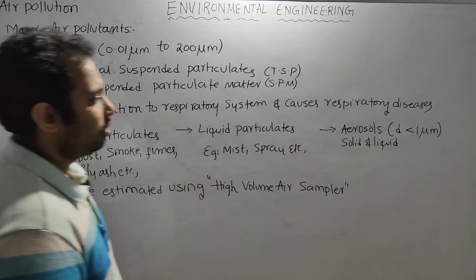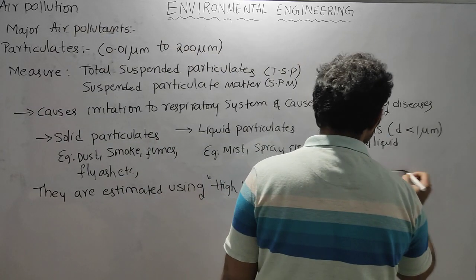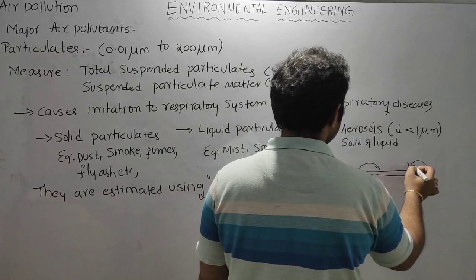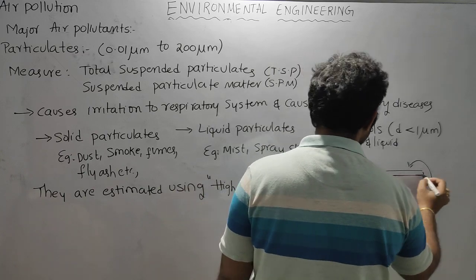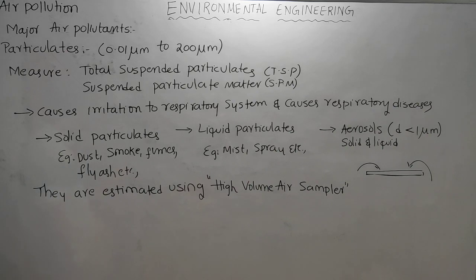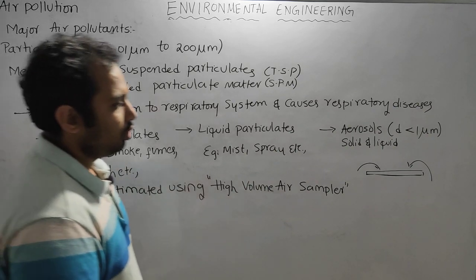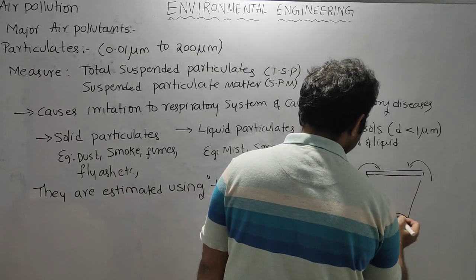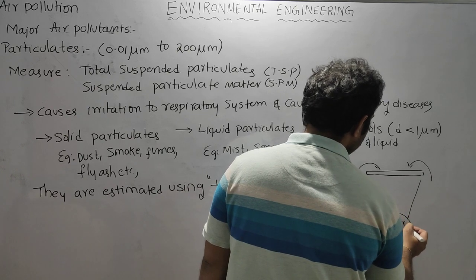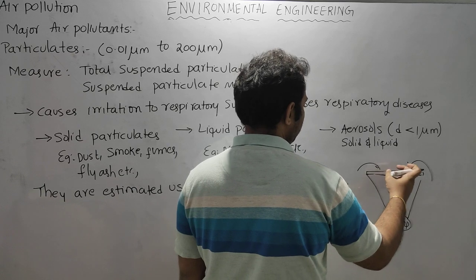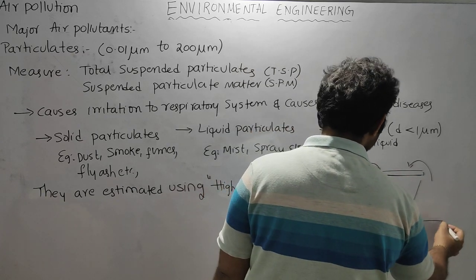We allow the air to pass through this filter paper by suction, using a suction pump that sucks the air. The surrounding air enters through the filter paper and is sent out.